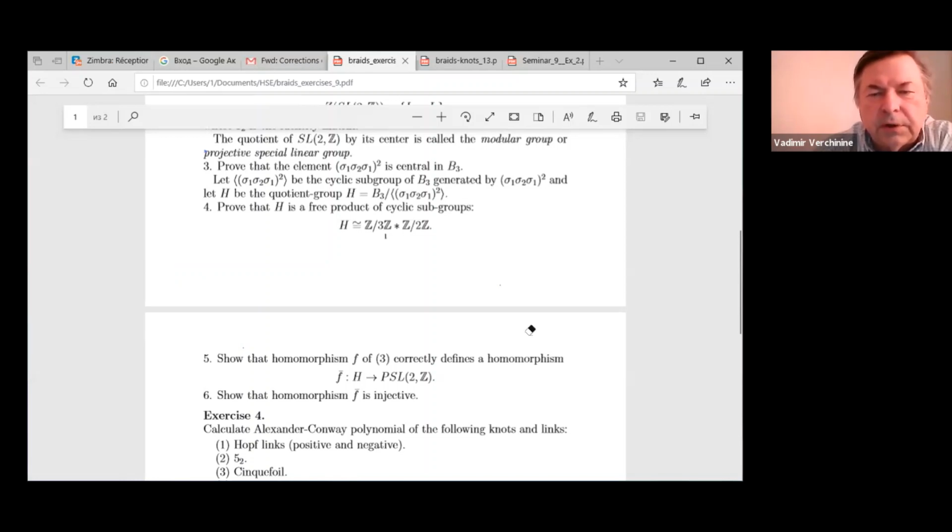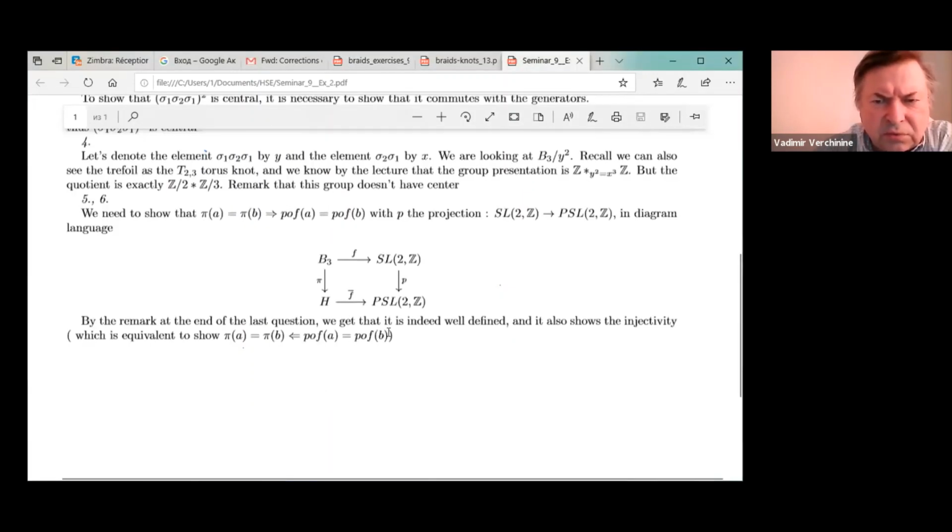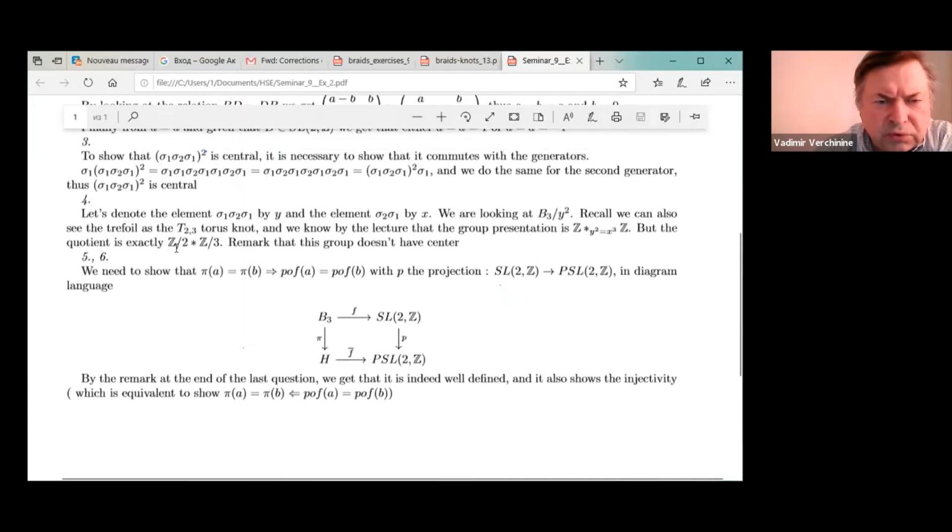I just look at your stuff, sorry. Okay. And we'll keep your notations. So you are using Y or A and B, what are your notations for generators here?